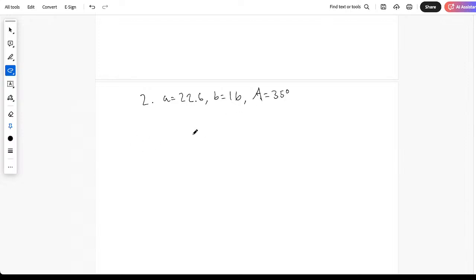So let's do angle A, 35, and then you have side B, which is 16, and side A, which is 22.6. And we need to find this side and those angles. All right.